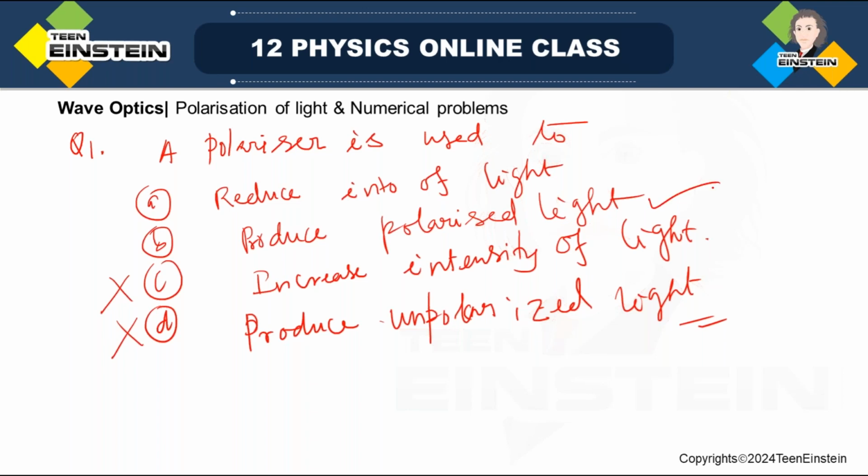Produce polarized light is obviously true, and increasing intensity is also sometimes true, I can say, because in case of sunglasses, the intensity is reduced by polarized spectacles. So the most appropriate answer will be to produce polarized light.